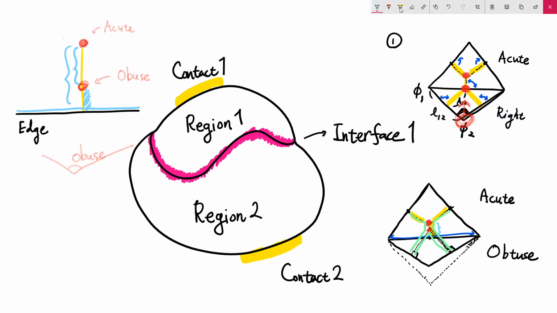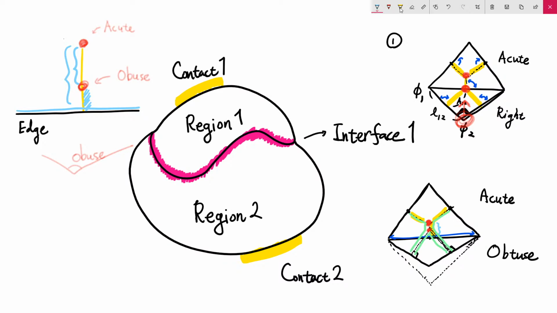So, Mr. Park, can you understand my explanation? If we have an obtuse triangle, it has its own circumcenter outside its boundary.